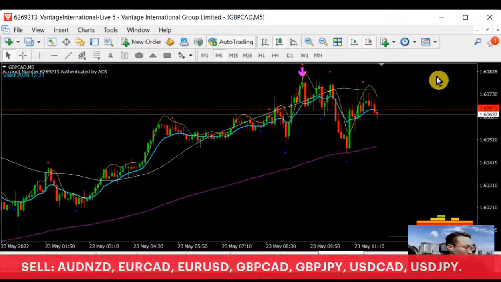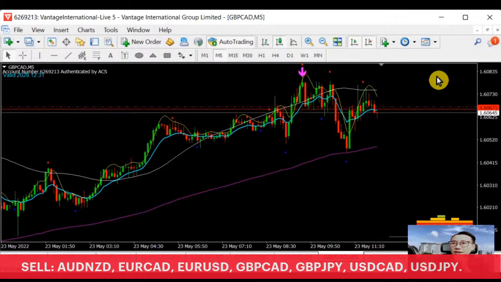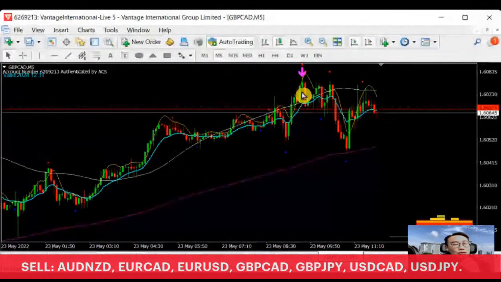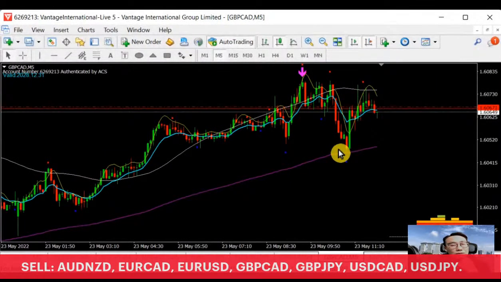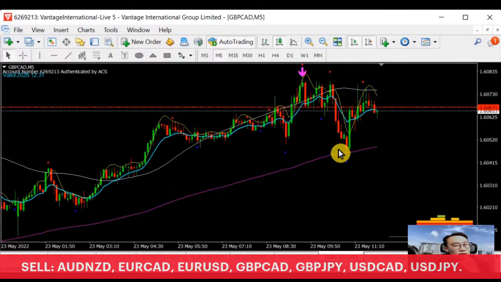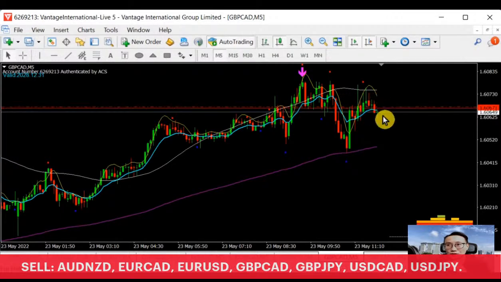So let's go again. Right now, PowCAD is coming down to the resistance level. Is it time to sell? I would say hang on first, because when it comes down to the resistance level, it's a good sign.